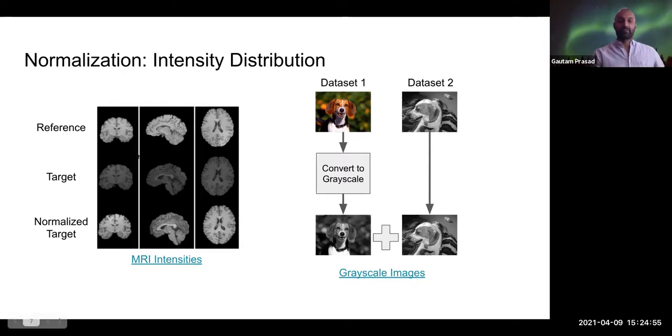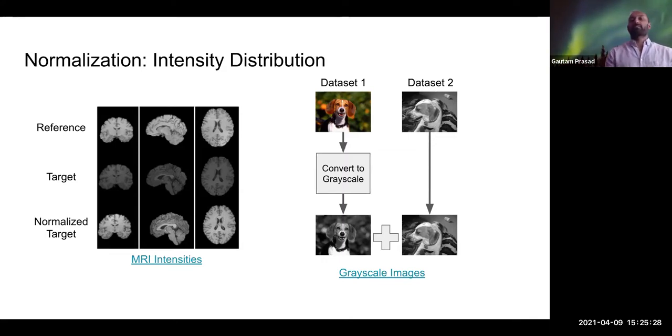So on the left, the reference and the target actually represent the same brain, and they just look very different because they come from two different scanners. And one way we can solve this is we can look at the histogram of intensities and then come up with some transformation that makes sure that we can match the distribution of intensities in both images, and then use that to transform any images we get from scanner 1 to scanner 2.